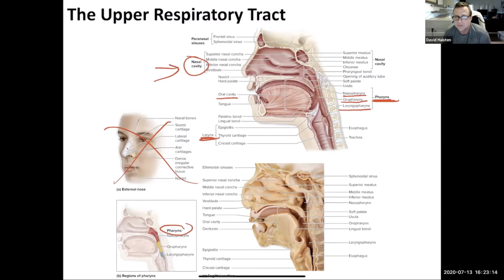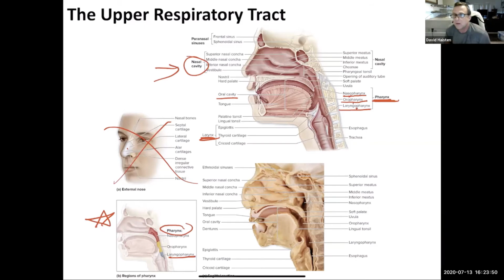So we have three divisions of the pharynx, and you see them colored over here. Nasopharynx behind the nasal cavity, oropharynx behind the oral cavity, and laryngopharynx right about where the opening to your windpipe is.